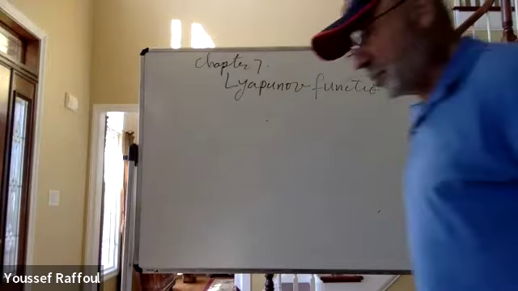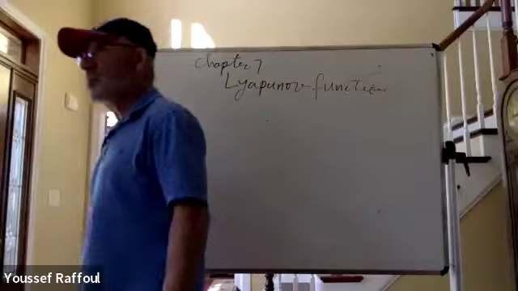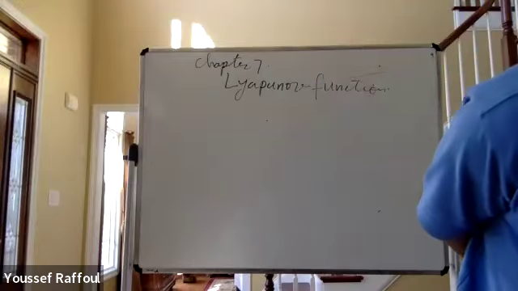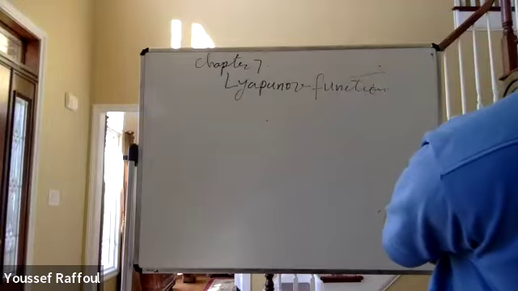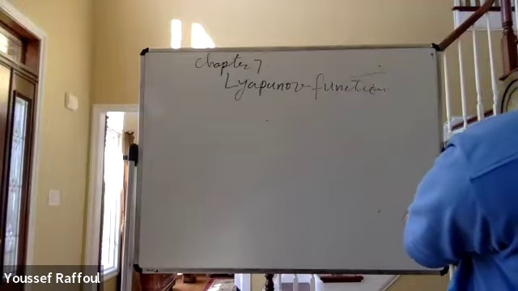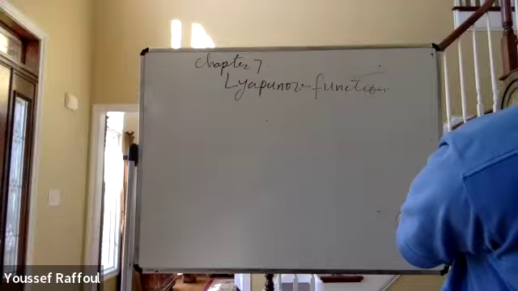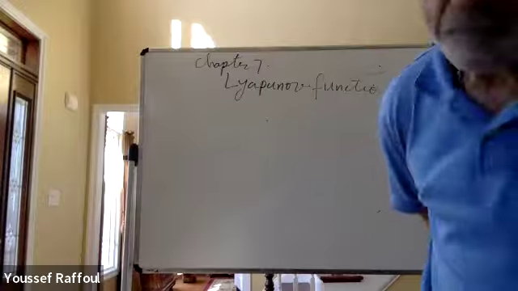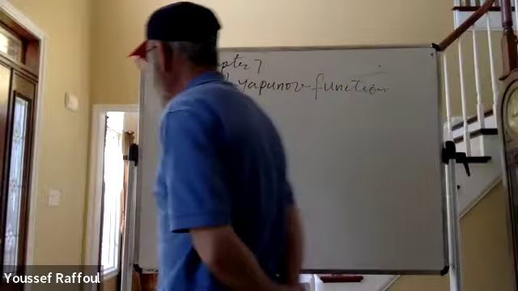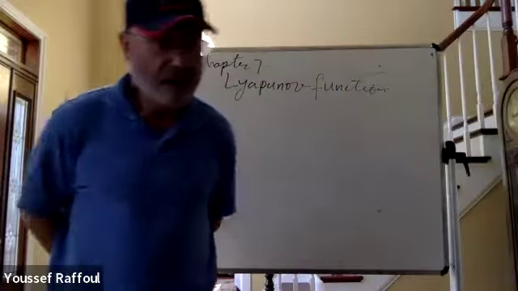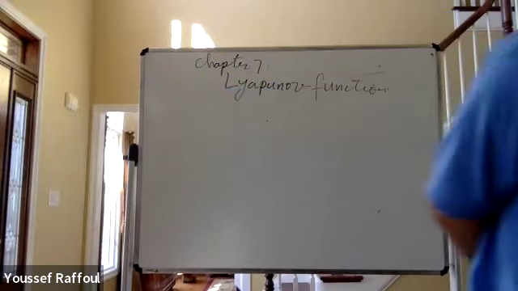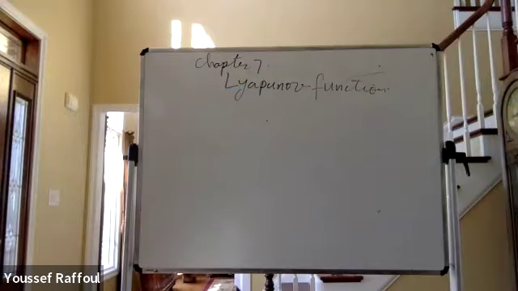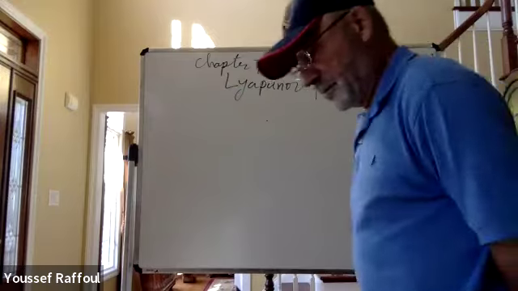In 1892, a Russian mathematician, his name is Alexander Mikhailovich Lyapunov. So we go by his last name. He wrote his PhD thesis on energy function.